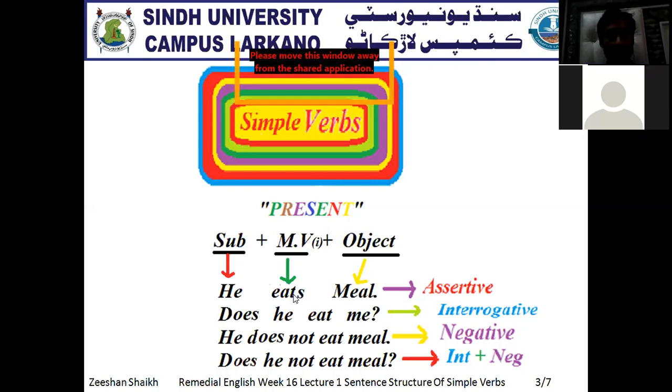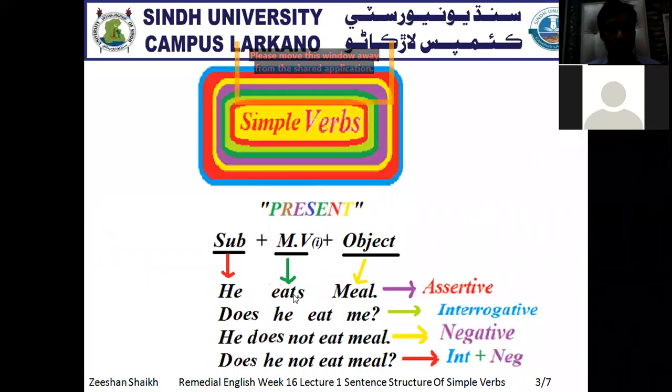Because there is a rule, especially in present simple tense, that whenever we have a third person singular, likewise he, she, it, and the singular name, we have to give that s or es to the main verb. Clear? So this becomes the rule of present simple tense.